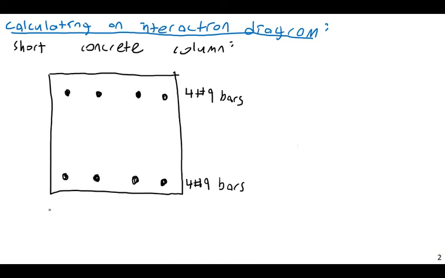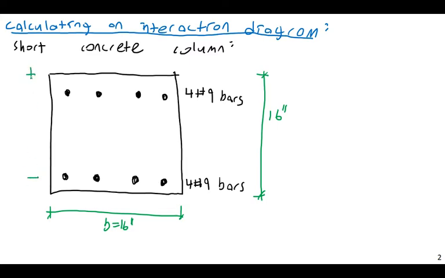And so my B is going to be 16 inches, and my H is also going to be 16 inches. And then I'm going to have D, the distance from the top to the centroid of the main tension steel.